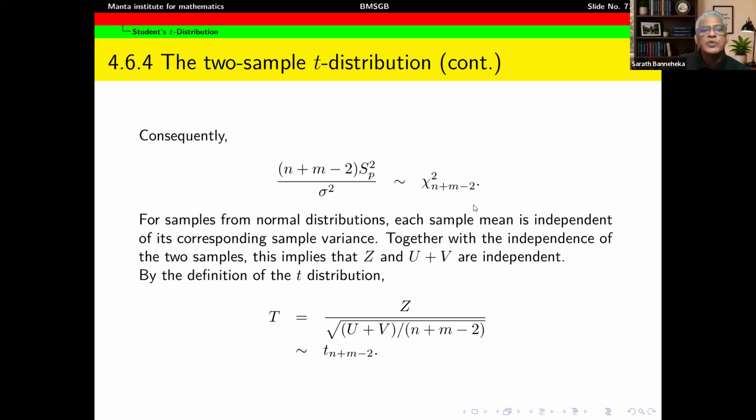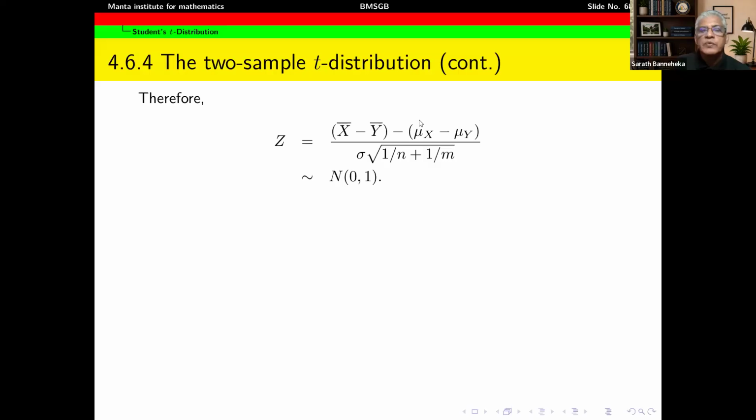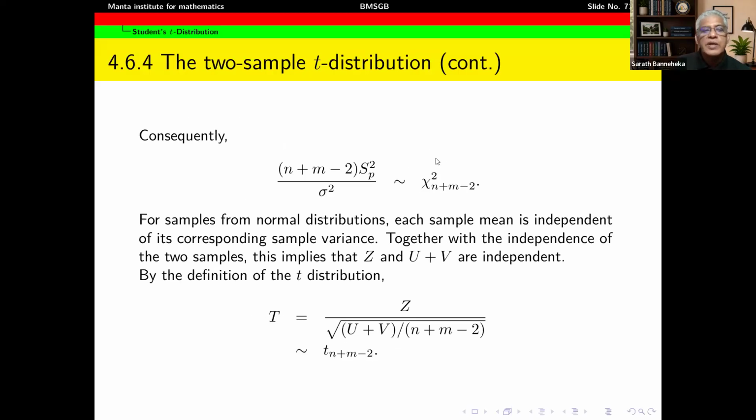Now, as I have shown you, X bar minus Y bar and that Z quantity we looked at here, and this quantity, should now be independent. The previous quantity contains X bar and Y bar only as random variables. This quantity contains only Sx square and Sy square as random variables. Those are independent when the data are normal.